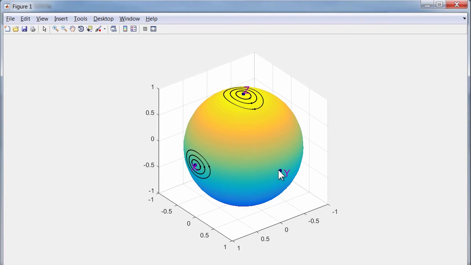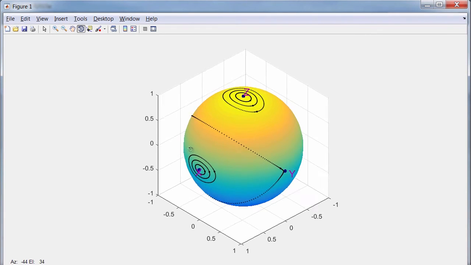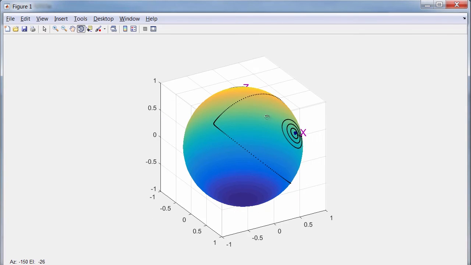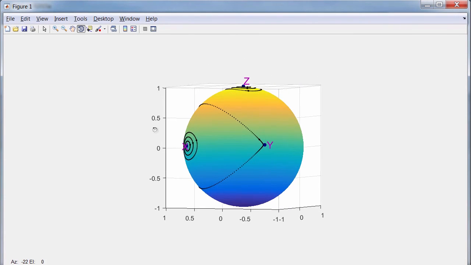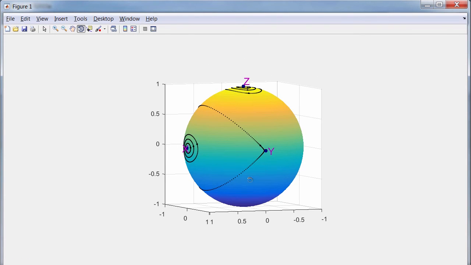But if we start near y, the solution takes off, goes over to near minus y, turns around, and comes back to y. Periodic, but goes clear around the globe.